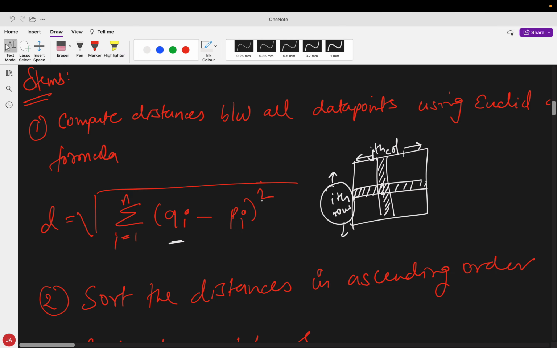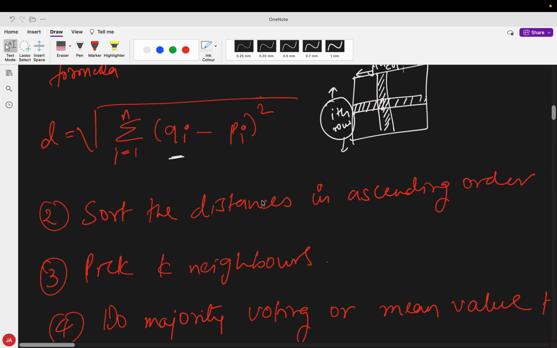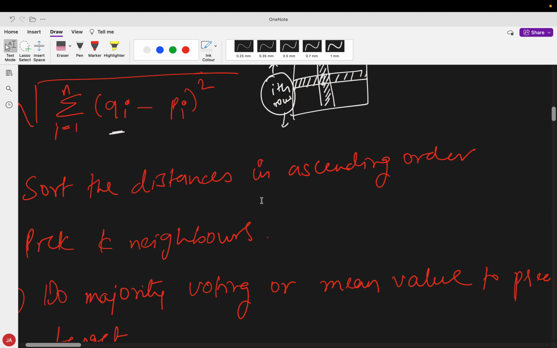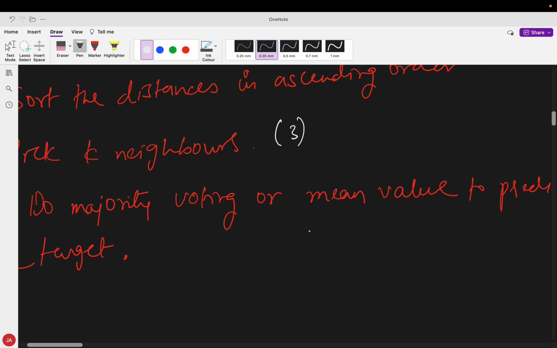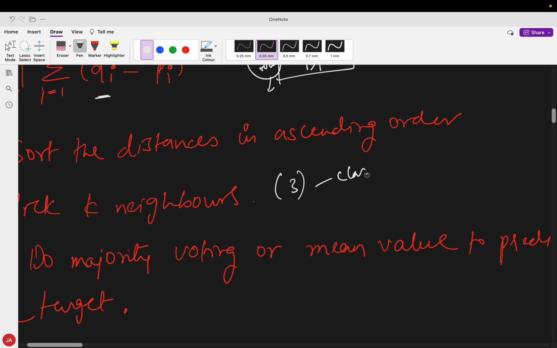So after getting the distances, I'll sort the distances in ascending order and pick the nearest neighbors. Let's say we have picked 3 neighbors. For a classification task, I'll do a majority voting. So let's say I want to predict a class, whether it's a square, a circle, or a triangle.